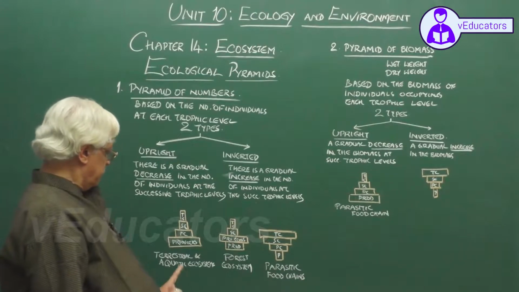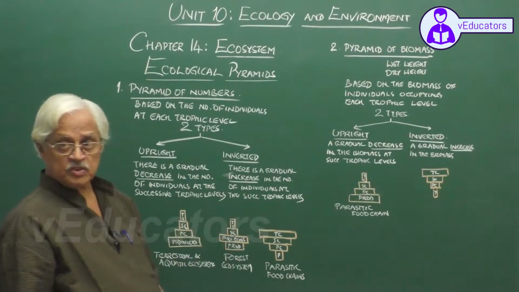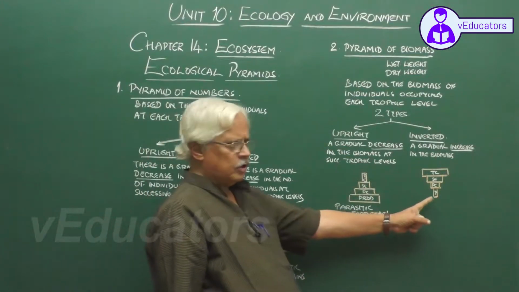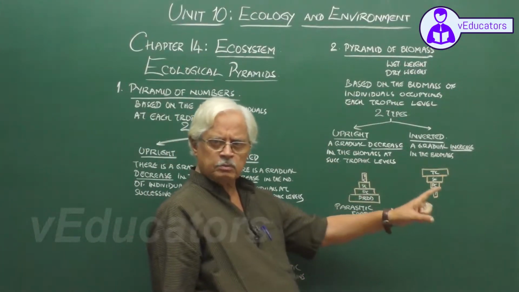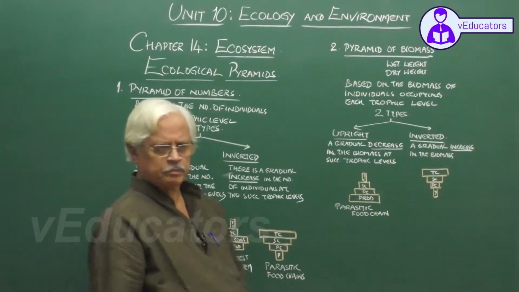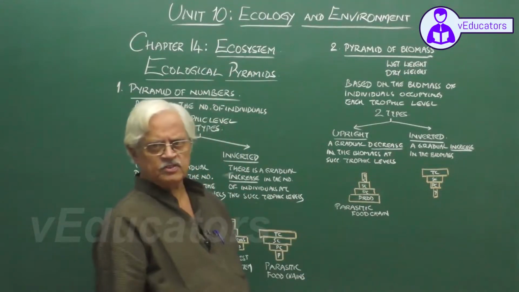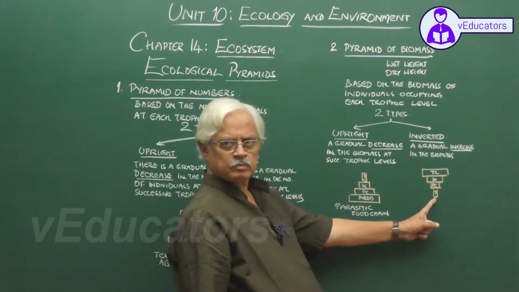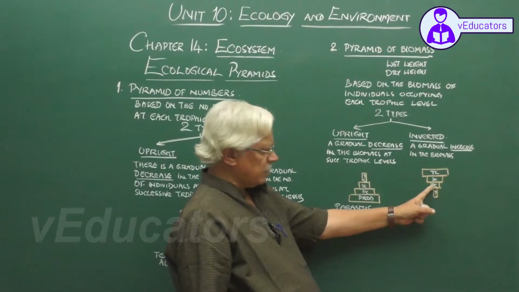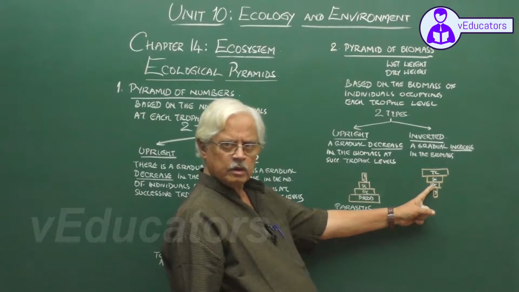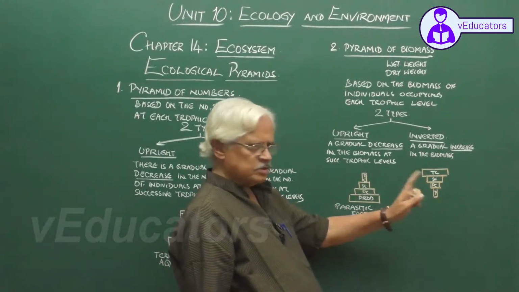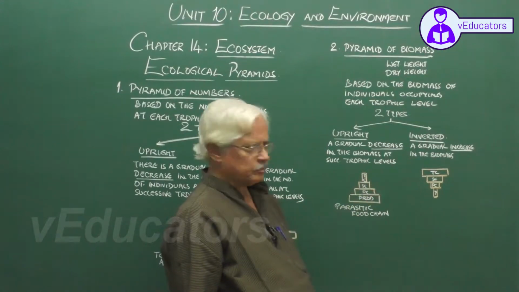Take the example of a pond ecosystem. There are large number of algae, but very minute in size, so biomass will be very less. Number of insect larvae will be less compared to the number of algae, but their biomass will be more.